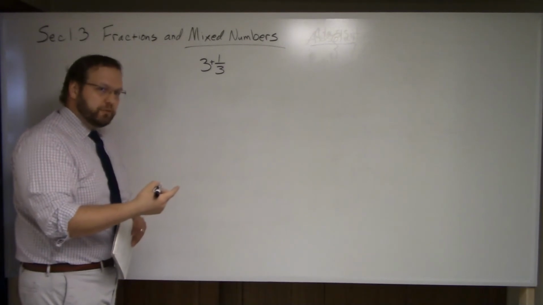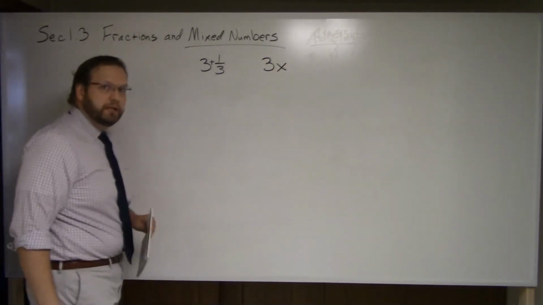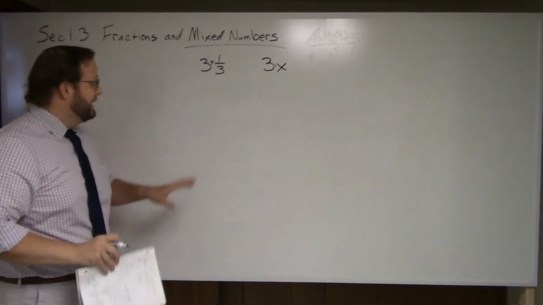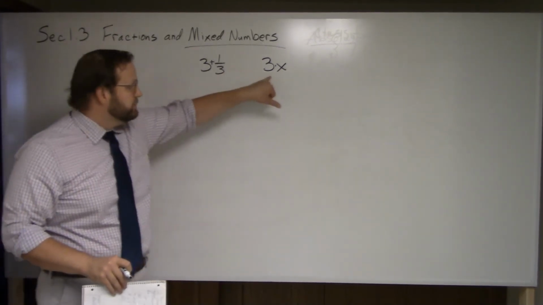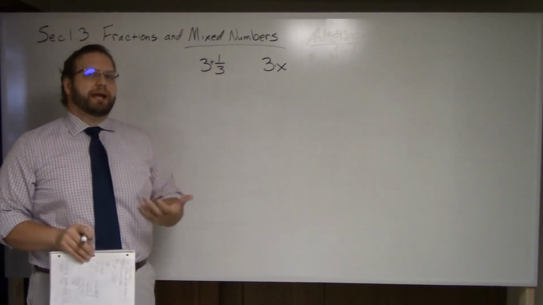When we get into algebra and we deal with, like, let's say a 3x, that's understood to be 3 times x. That's a problem, okay? Because sometimes we think plus, sometimes we think multiply. That's why a lot of times in algebra, mixed numbers are not used.